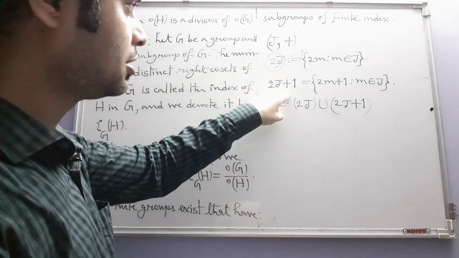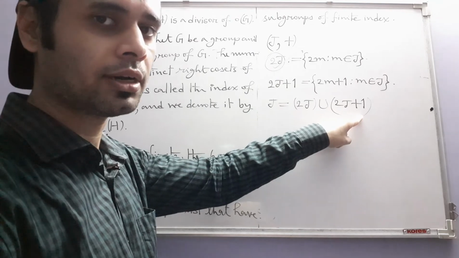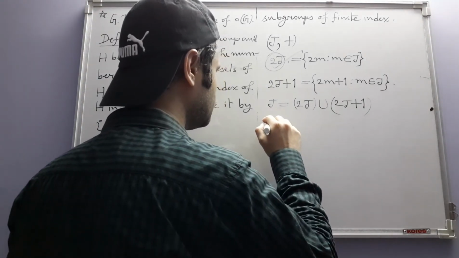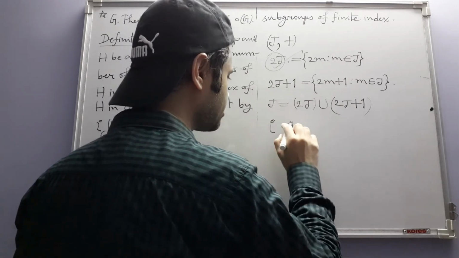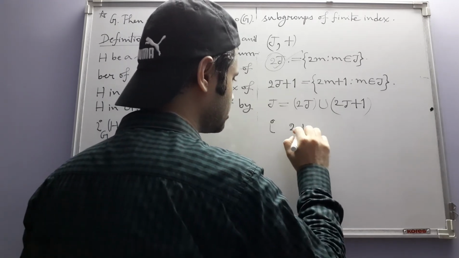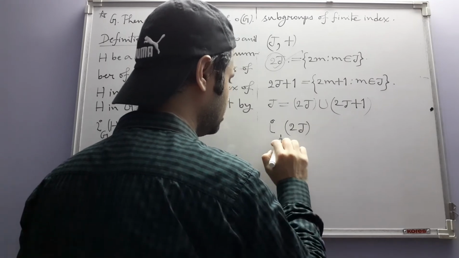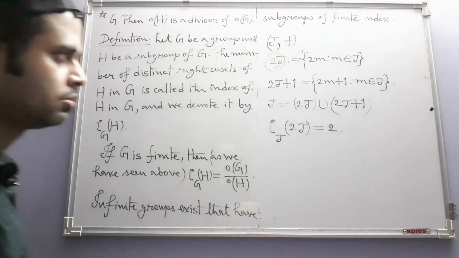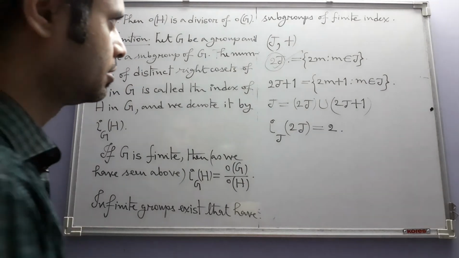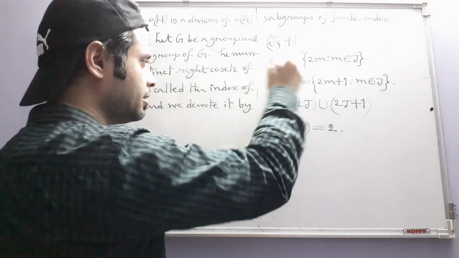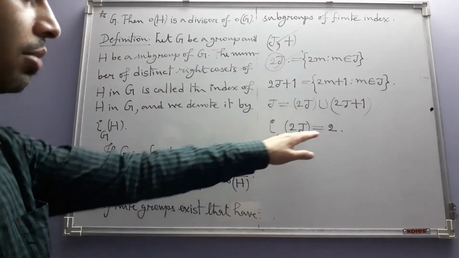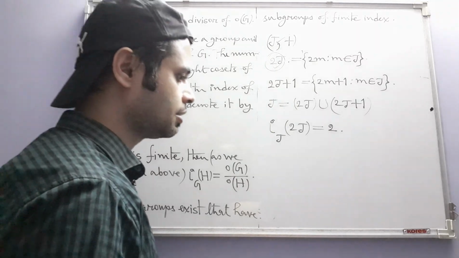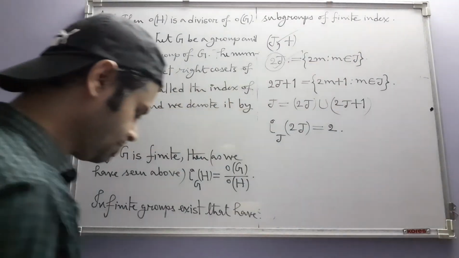One is the subgroup itself and the other consists of all the odd integers. That means the index of this subgroup in the group of integers is 2, the number of distinct right cosets. So although the group is infinite, the subgroup is also infinite, but the index is finite. Okay, so such situations may arise.